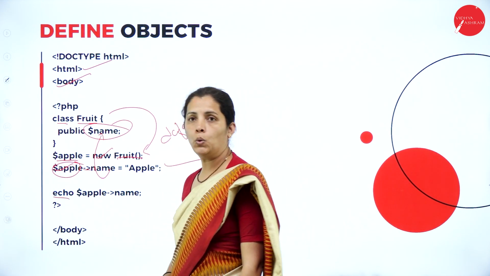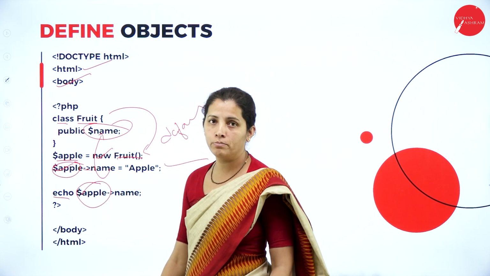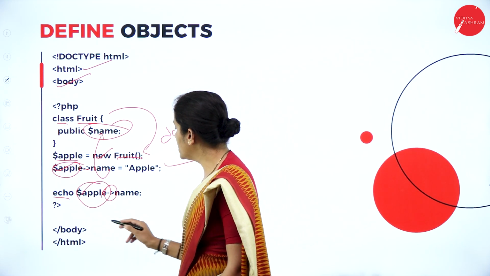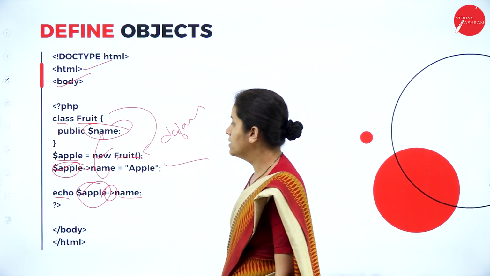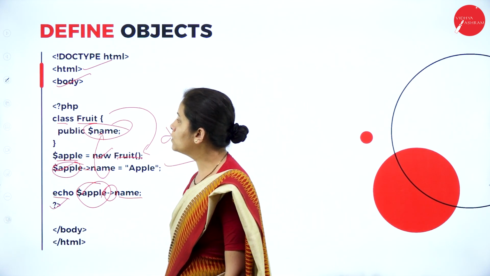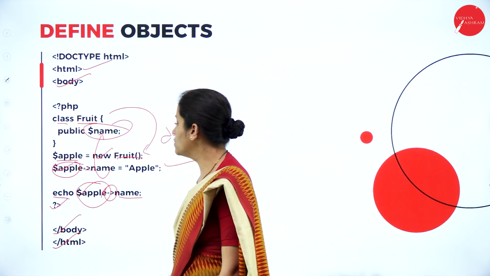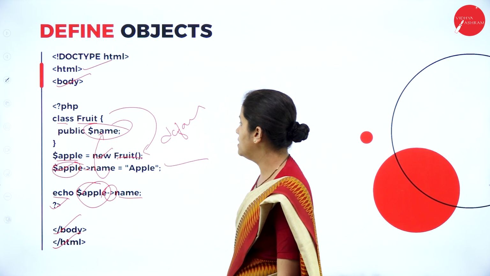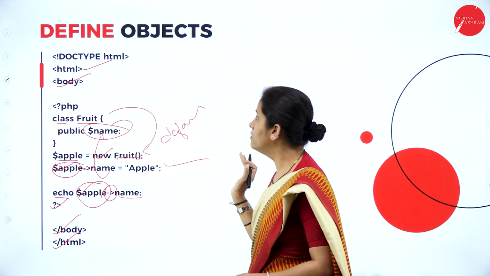I'll go with echo, then my object, arrow operator, and my variable name called name. Then I'll close the PHP script, close the body and close the HTML. And what is my output? Apple is my output.